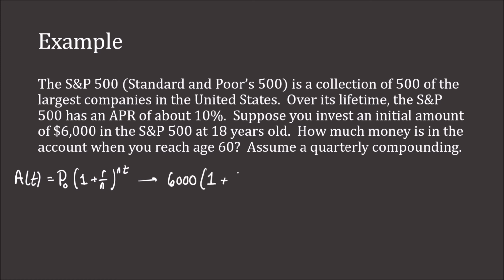The rate is 0.10. It's compounding quarterly, so that's 4 times per year. So if we actually do this out, we get 6,000 times 1.025 raised to the 4t.